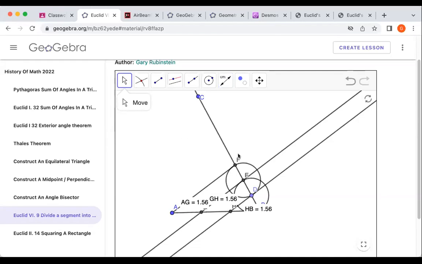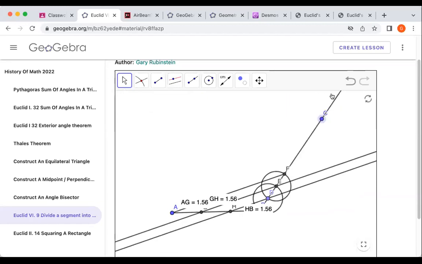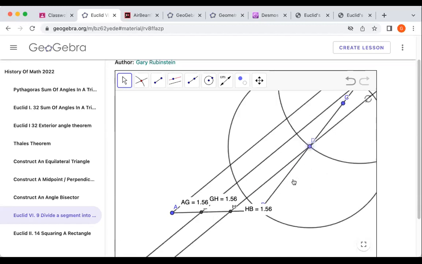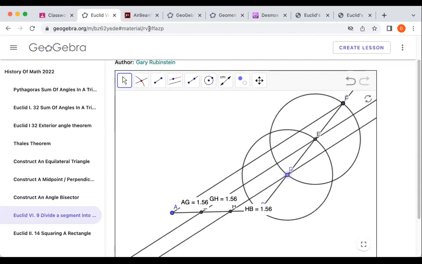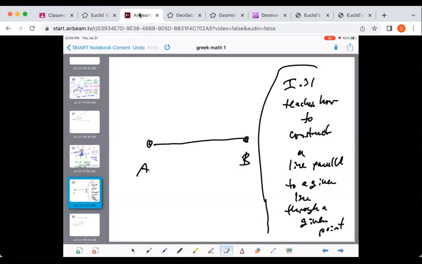It trisects the line segment. And remember I said C could be wherever. See, if I change C, I get the same picture. And what I call D, doesn't matter how big those are either. So you could divide a line segment into whatever number of pieces that you want.